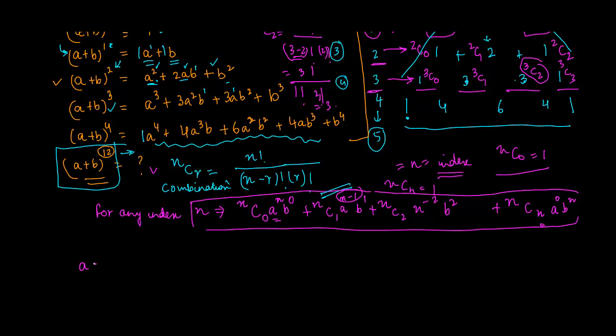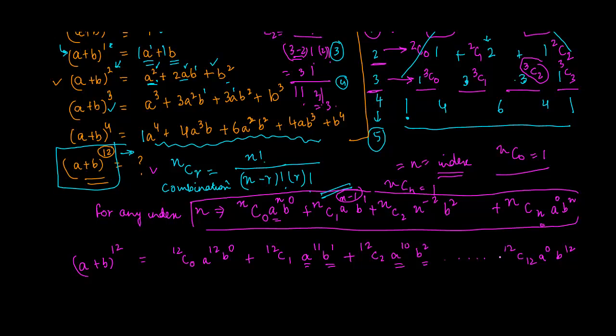Now let's say for example you have to find out a plus b to the power 12. This can be easily found out by 12C0, a to the power 12, b to the power 0, plus 12C1, a to the power 11, reduced by 1, b to the power 1, plus 12C2, a to the power 10, b to the power 2. a will keep on reducing by 1, b will keep on increasing by 1, and so on until you reach 12C12, a to the power 0, b to the power 12.